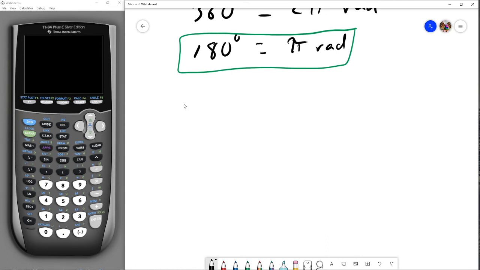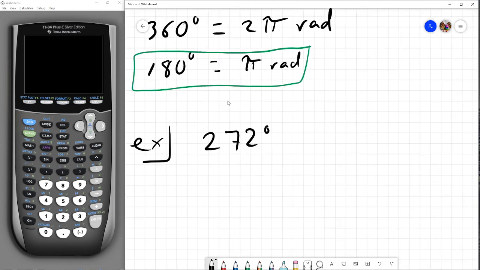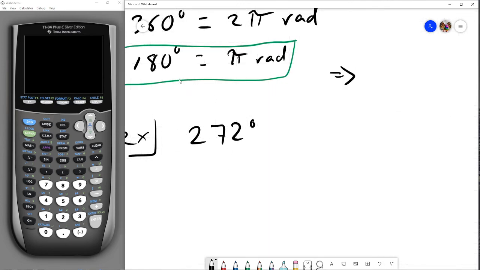If we're given, for example, 272 degrees, we can think about this equality. If we want to convert from degrees to radians, we can divide both sides by 180 degrees. This tells you that 1 degree equals pi over 180 rad.